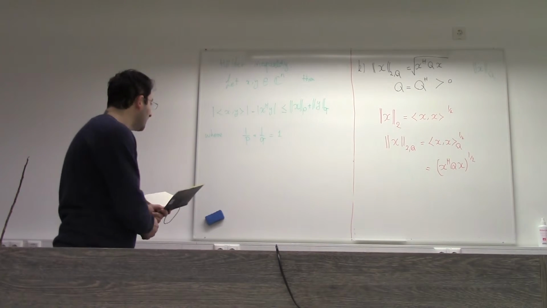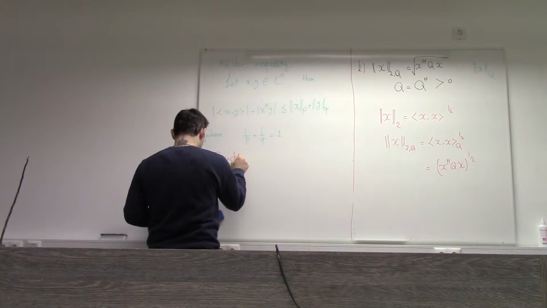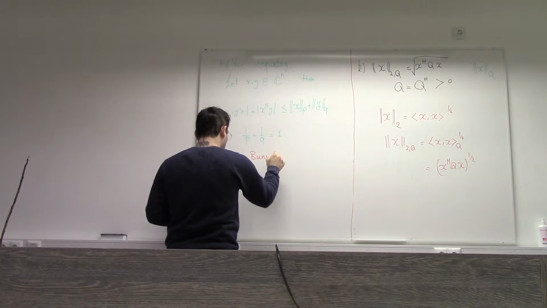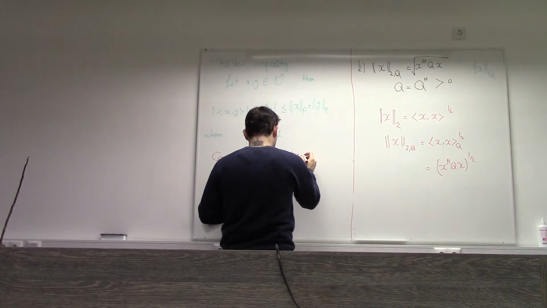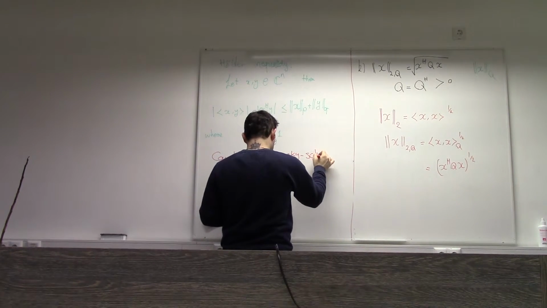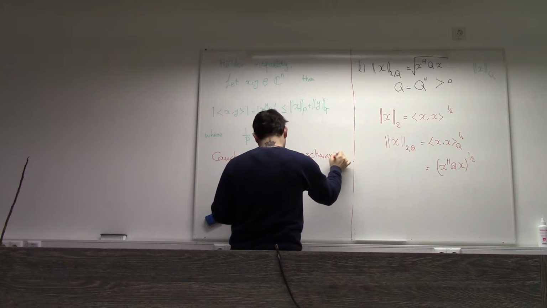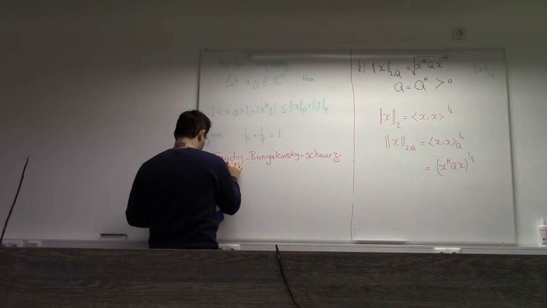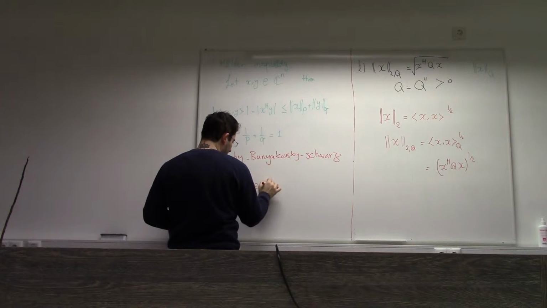And the next inequality is called the Cauchy-Bunyakovsky-Schwarz inequality. And it says that let x and y again be in the Cn.